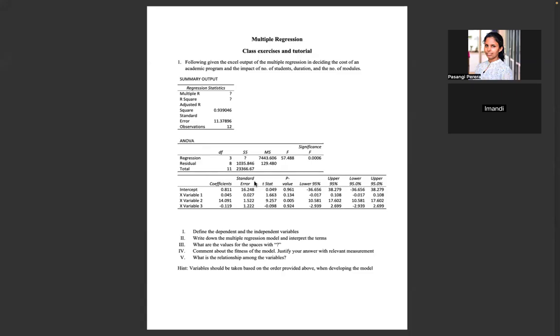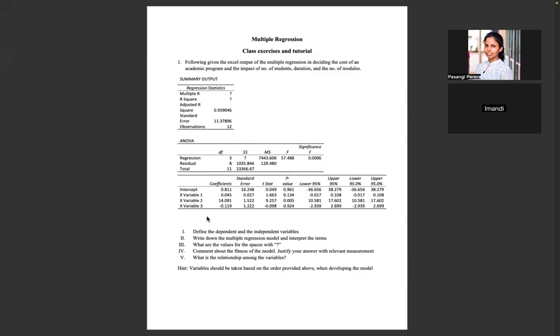So how to express the relationship among the variables? So what will happen here? For the x1 variable, we have a positive relationship, and it's not a strong relationship. But for the x2 variable, again a positive relationship, but it's better than x1.